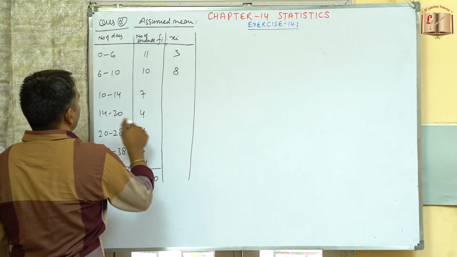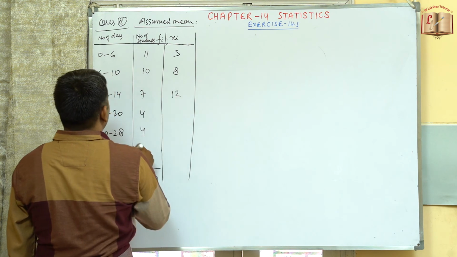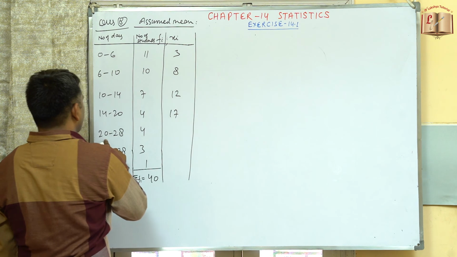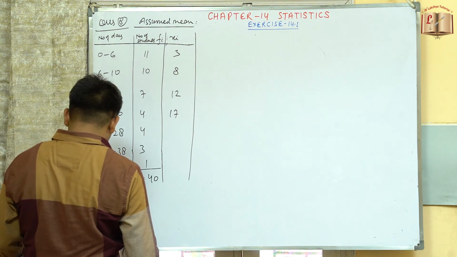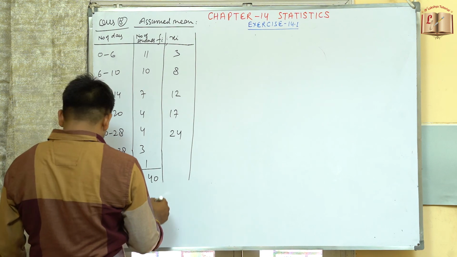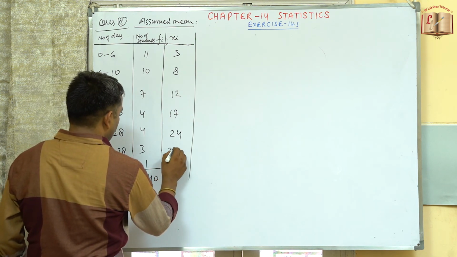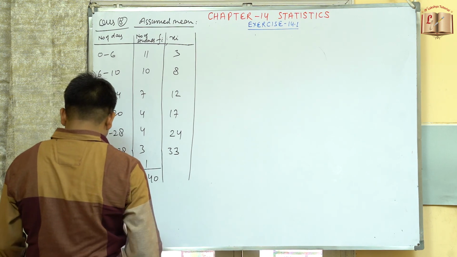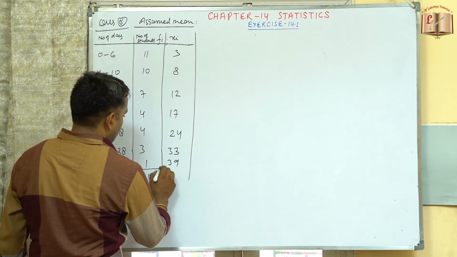So for the next it will be 12, then 17. Then for 48 this will be 24, then for 66 this will be 33, and the last one would be 39.